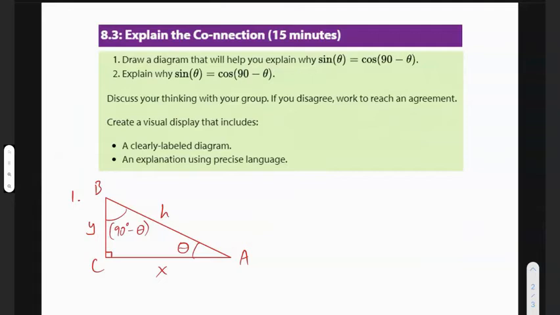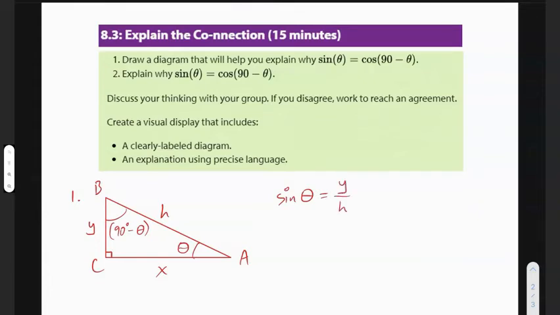So if I did sine of theta, which is angle A, the measure for angle A, sine is opposite over hypotenuse. So that'll just be y over the hypotenuse.